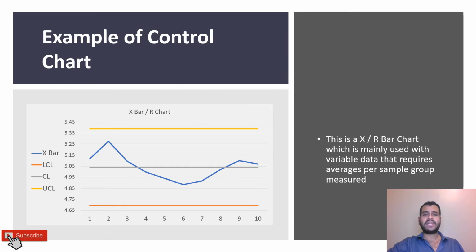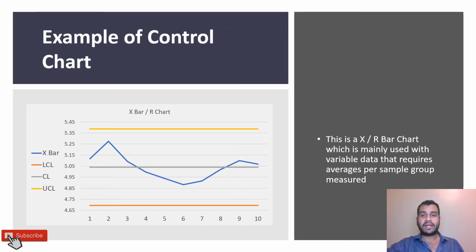Now, this is an example of a control chart, and it is used in the control process. It's called an X bar R chart, and it has different levels of control limits, such as the upper control limit, the lower control limit, and the center line, which is the average of all means.